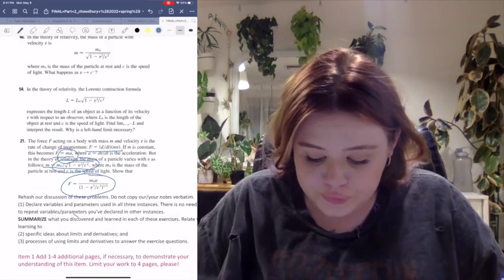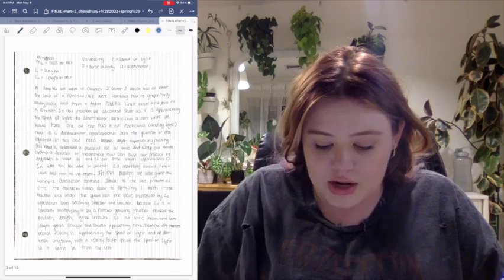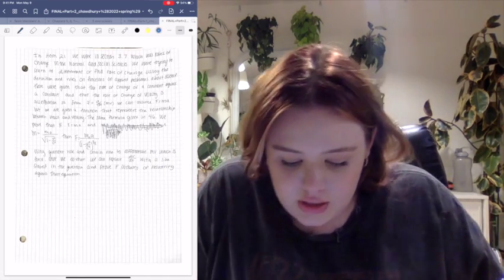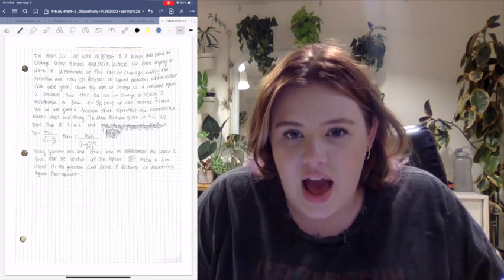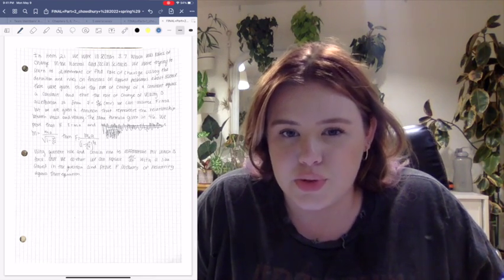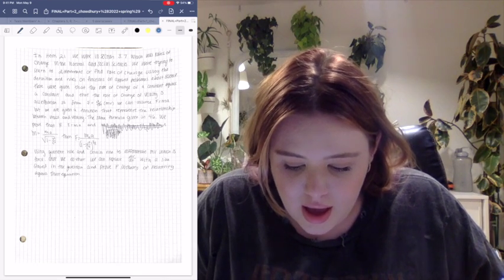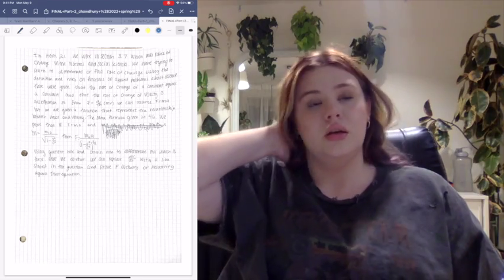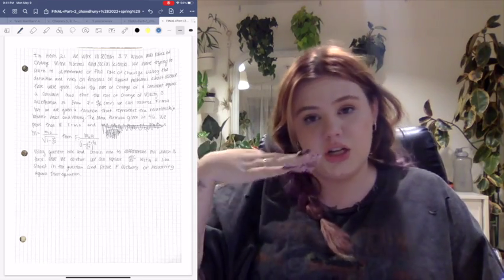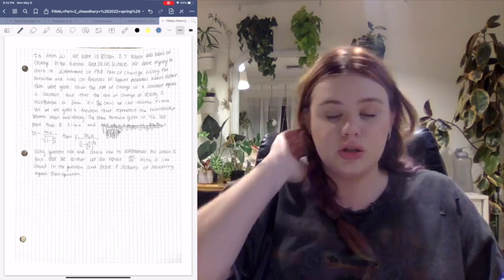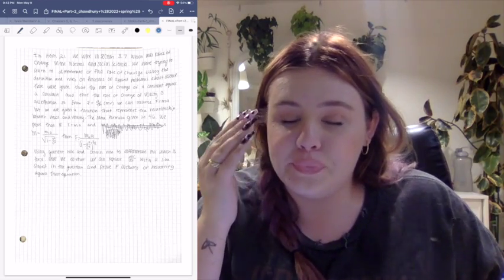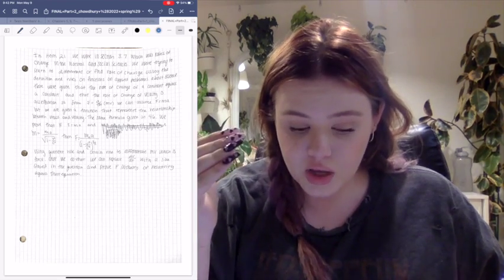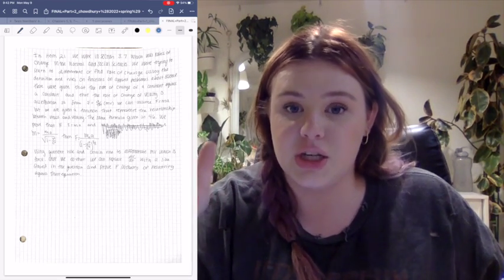So that helps us understand the application of how these types of problems would work in the real world. It's a rate of change, like the rate at which velocity changes affects the rate at which mass changes.